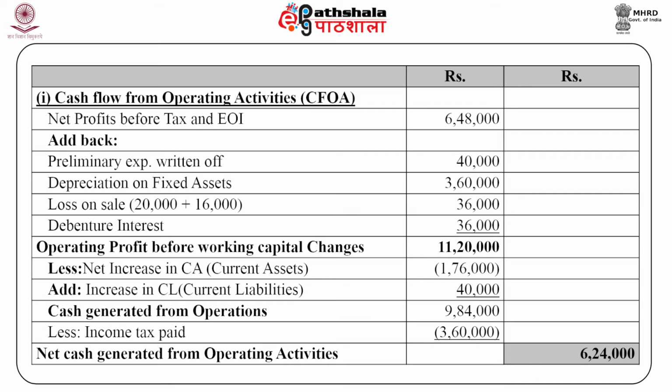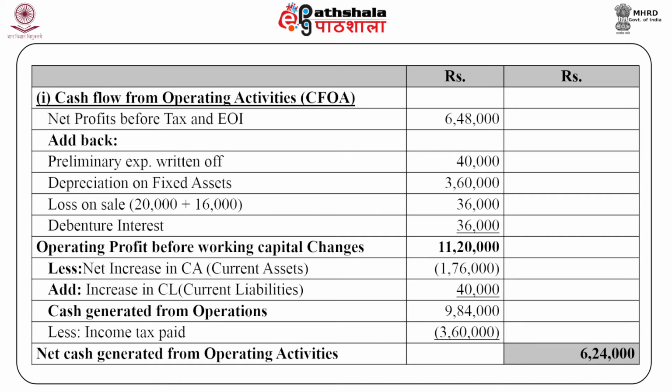Solution. New Light Limited. Cash flow statement for the year ended 31st March 2015. 1. Cash flow from operating activities, CFOA. Net profit before tax and extraordinary items 6,48,000.